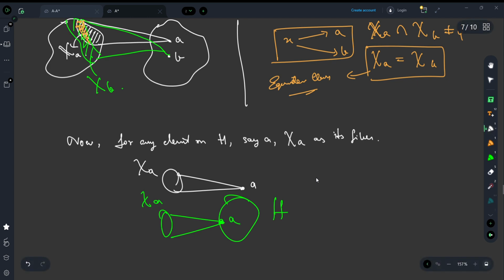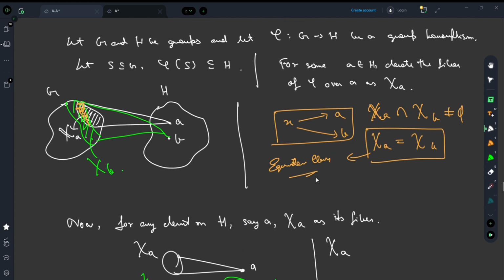Now observe that if I start with any fiber, say chi of A is a fiber, there is no concept of any property of the function needed here. You do not need this to be an onto map or a 1-1 map. We are just talking about the inverses, right?